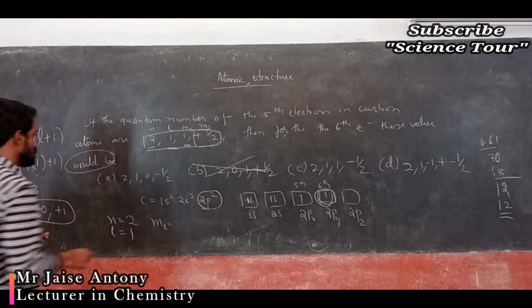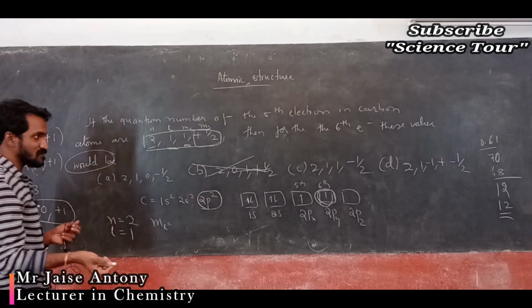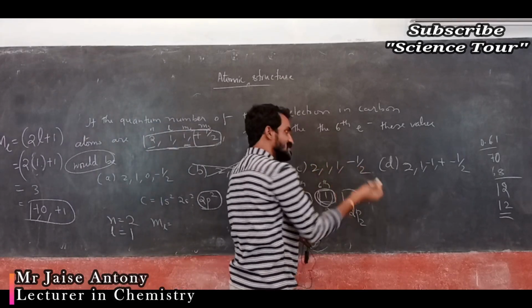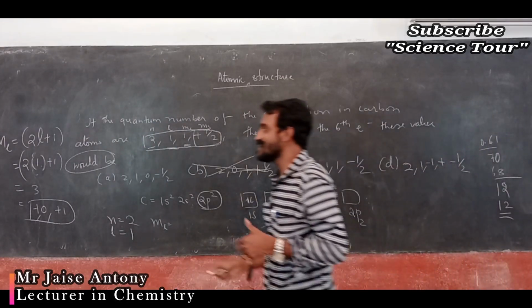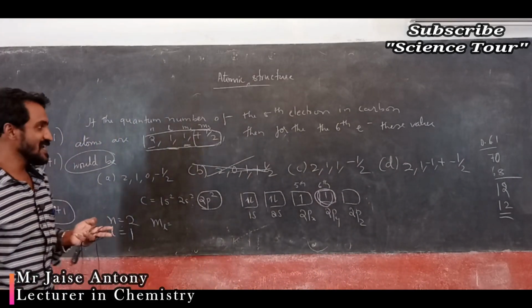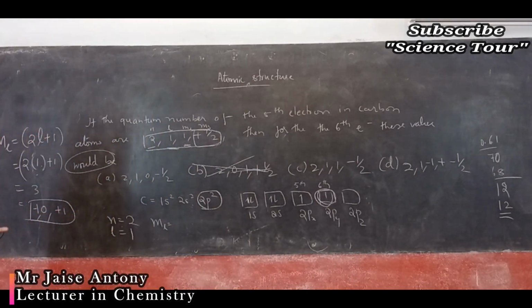Here, in this one 0 is given. This is also possible. 1 is given. This is also possible. Here minus 1 also given. This is also possible. A, C, D. In this, any one of these values for m l is possible. All the 3 are matching. A, C, D is matching.